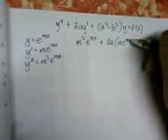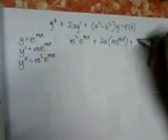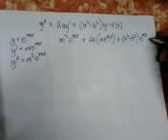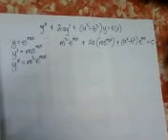So substituting this into the general equation, we have m squared e raised to mx plus 2a times m times e raised to mx plus a squared minus b squared times e raised to mx, and we equate this to 0.